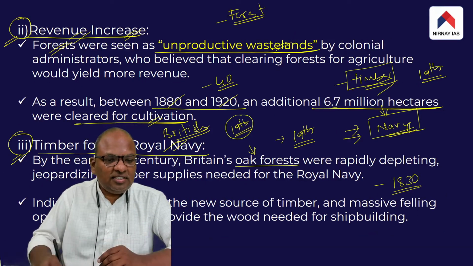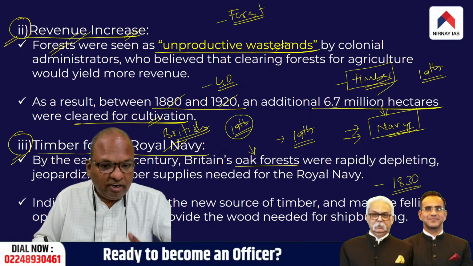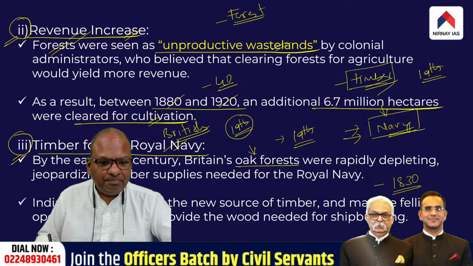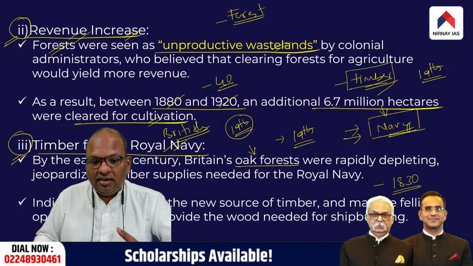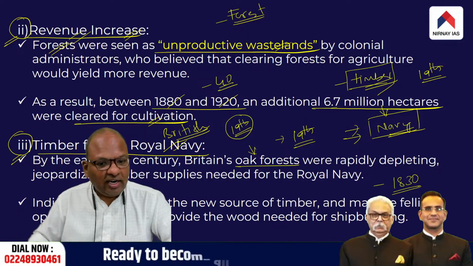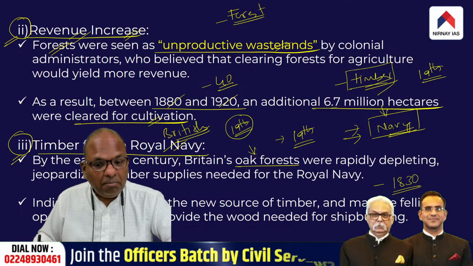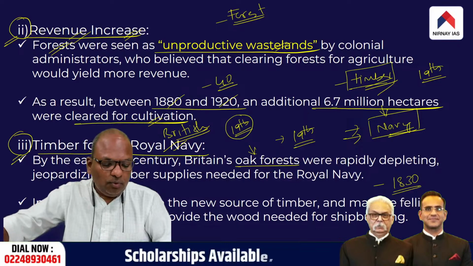The second reason is a revenue increase. Third, there was a lot of demand for timber coming from the Royal British Navy. To build good quality ships, you need timber, and the availability of good quality timber in England was declining, and therefore the British began looking for good quality timber in India, and they began going ahead with cutting down of forests.